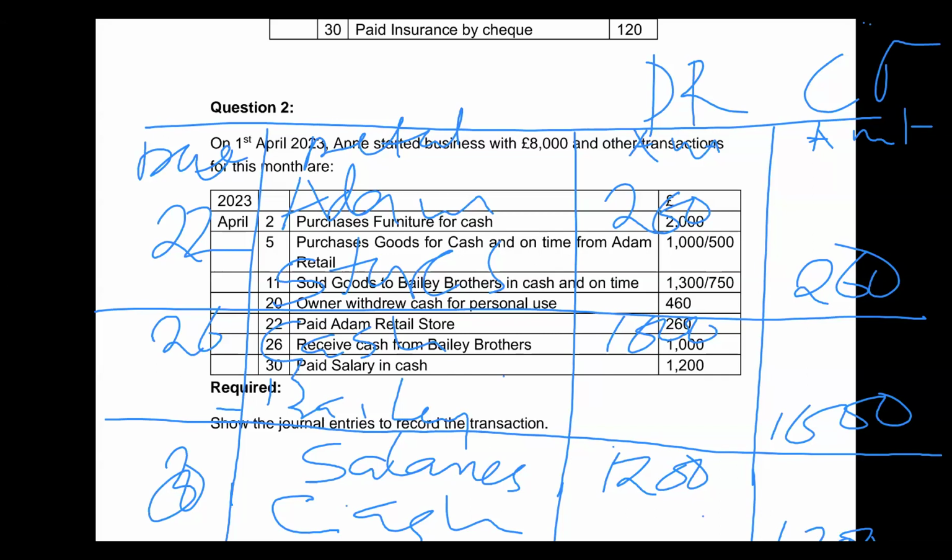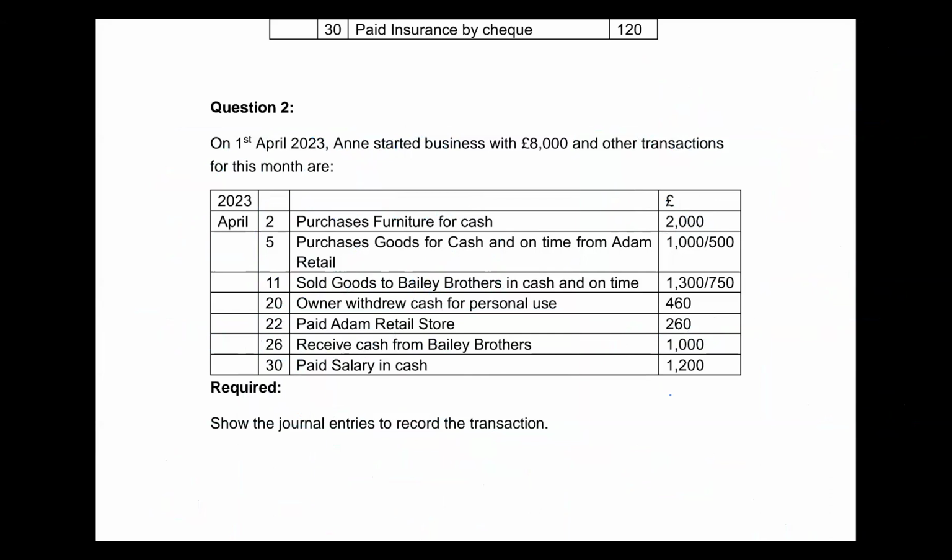When you're recording in the journal entries, you're just showing us which account will be debited, which one will be receiving in each of the transactions. That's all. You don't even do so much. Makes sense. Okay. Do you have any question? No, sir. I'm very much sure about this.